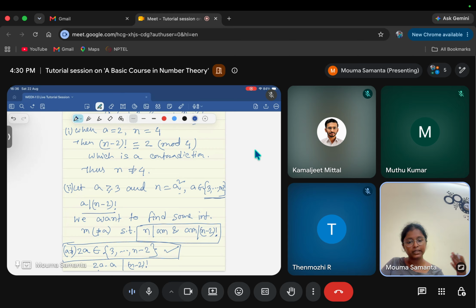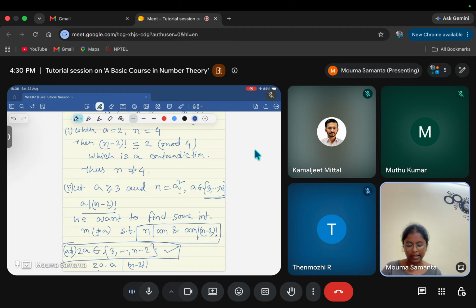So I am repeating that idea. If you have seen that question, I solved it in either week 2, week 3 or week 4. I am not remembering exactly in which tutorial session, but we have used this kind of trick previously also.